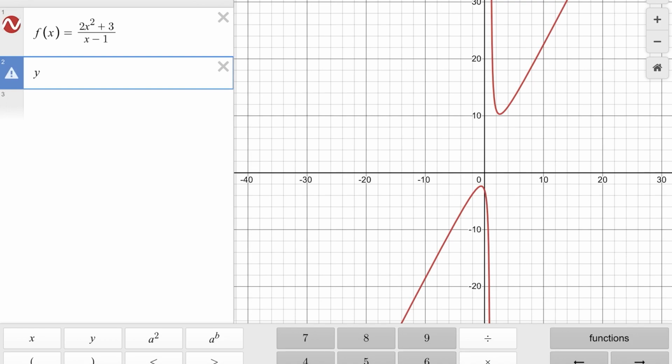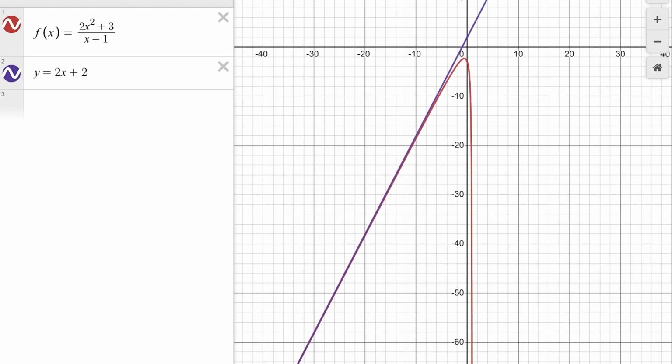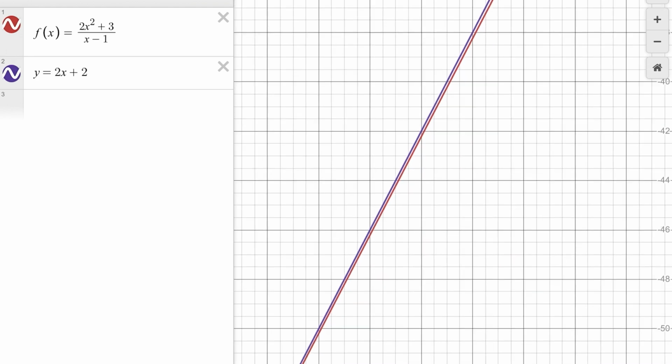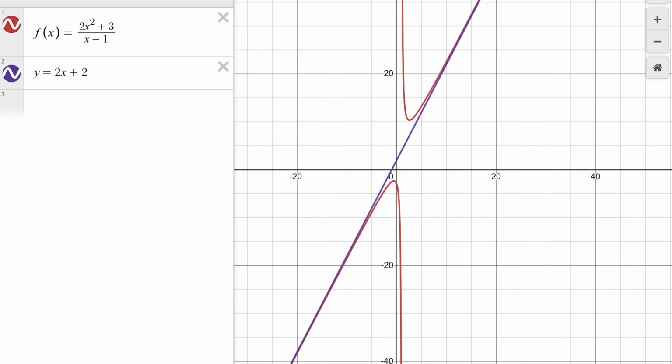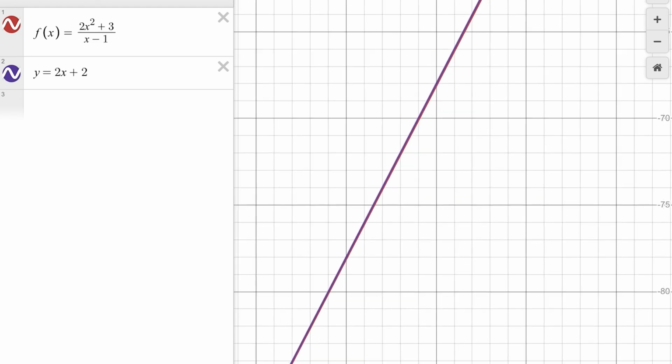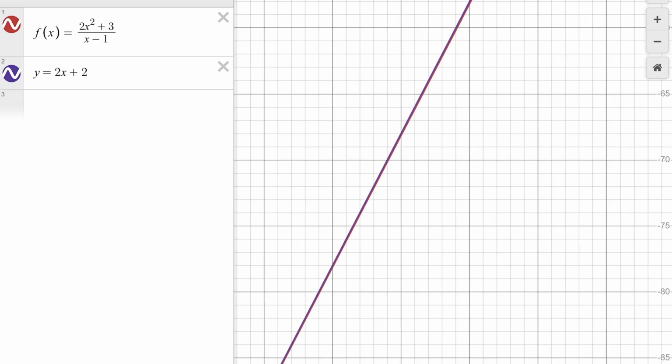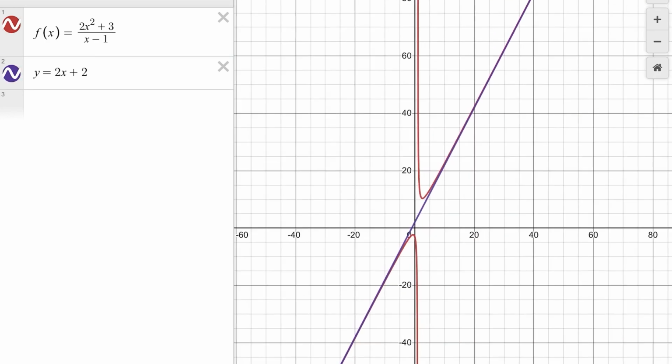So I'm going to type in the equation of the oblique or slant asymptote that we got. And as you can tell, our graph is trying really hard to get closer and closer to that y equals 2x plus 2, but it just can't touch it. But as you notice right here, it looks like it would touch it. But if I were to zoom in, we can see that it doesn't actually touch it.